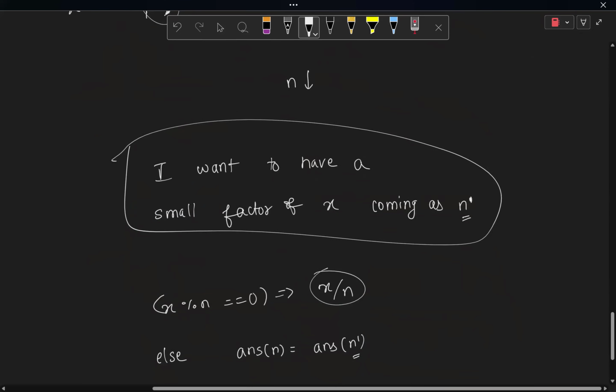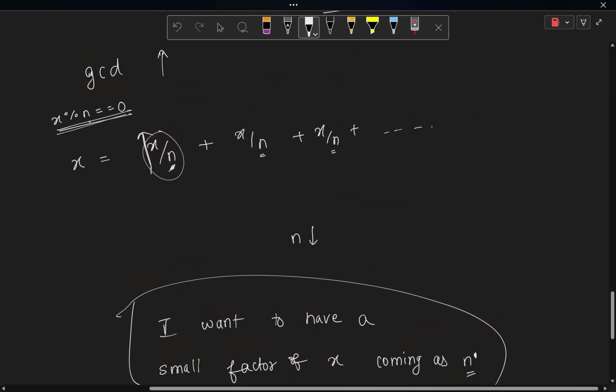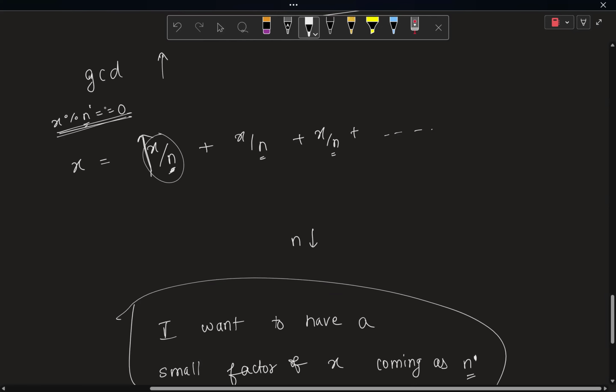And one more claim which we had made is that this n dash thing was divisible by x.